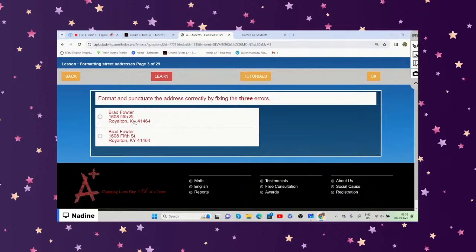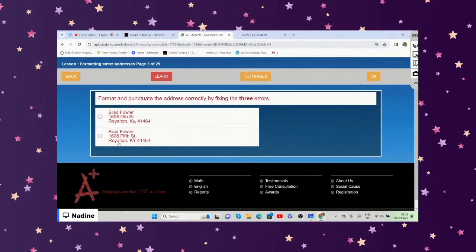Then Royalton, comma, KY, comma, 41464. So that is not correct. Then the second one is correct because it says Royalton, comma, KY is a state, and we said both need to be abbreviated.